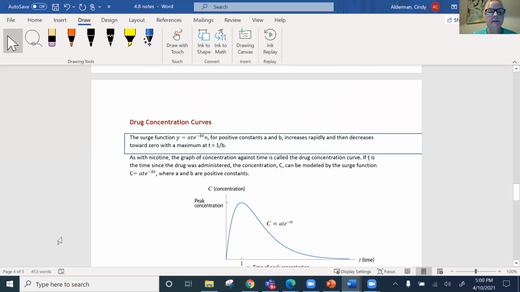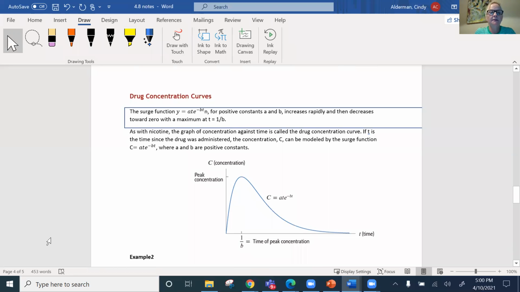So the surge function itself is basically just a function that will increase rapidly, right? That's here.